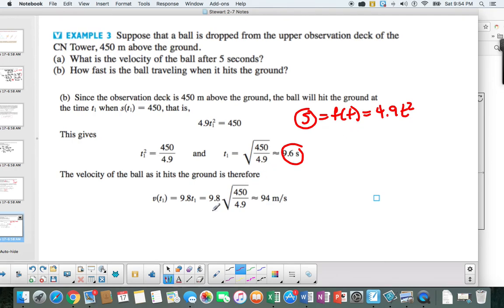We're going to go back to our velocity formula that we derived, and it was 9.8a, and for a we're going to put the 9.6, or to be more accurate, put the square root so we can get the highest degree of accuracy. And so this is the velocity that we're going to get when it impacts the ground. And this is the end of 2.7 notes, part 1.